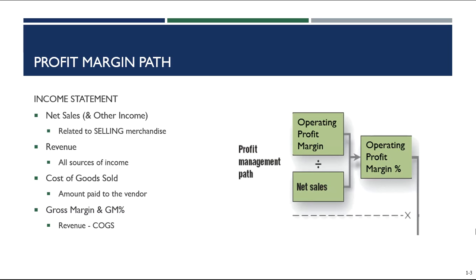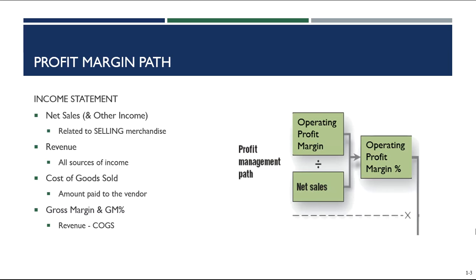So the difference here, if you think of a wholesale club like Costco or Sam's Club, is they're going to have net sales, which is going to show all of the income that they make from selling merchandise. And then their revenue might include both their sales and their membership fee.